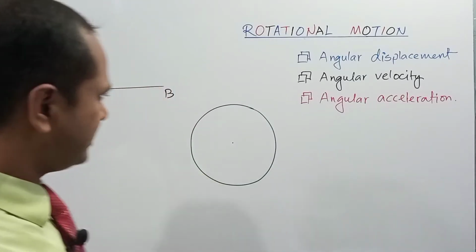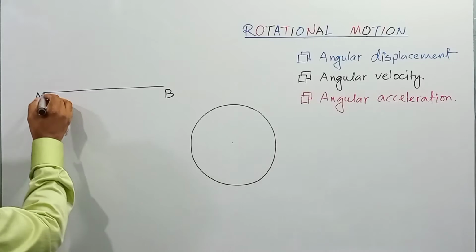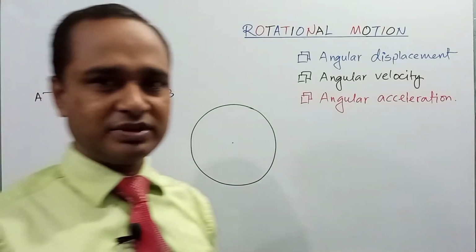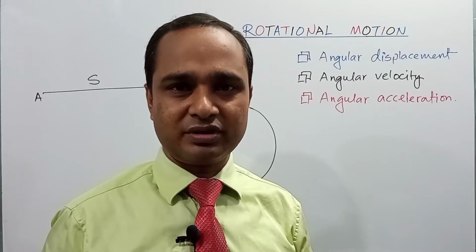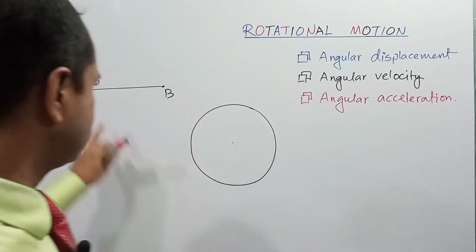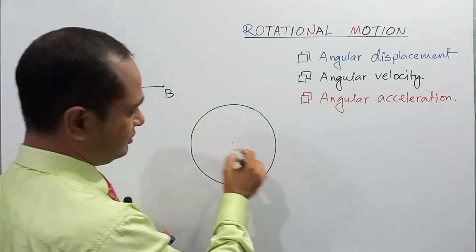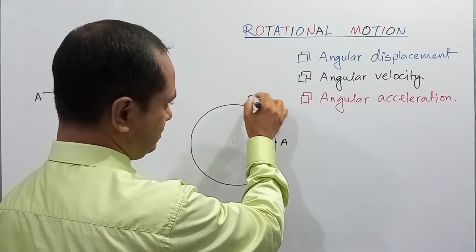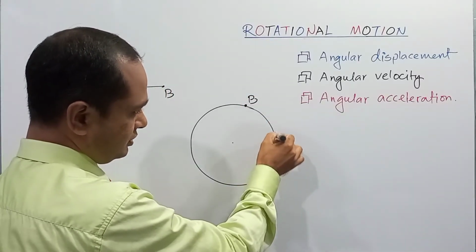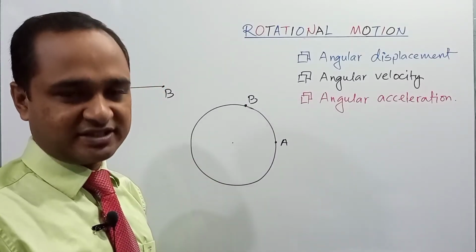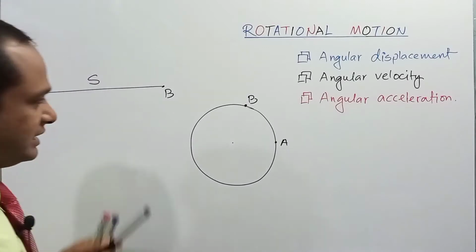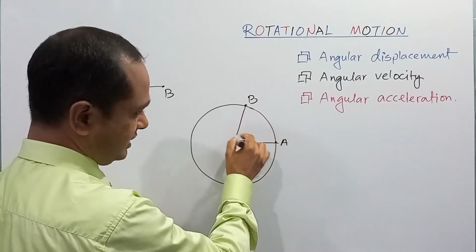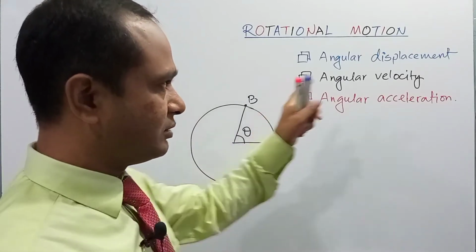So dear students, when the body moves along a line, suppose from point A to B, then the length of the path is denoted by S. This is the distance of a moving body, or simply the linear distance of a moving body, denoted by S. But when a body moves along a circular path, suppose the body starts from A and after a certain period moves to point B, the length of the arc AB is the linear displacement, expressed by S. But the angle subtended by the arc at the center, theta, is called angular displacement.